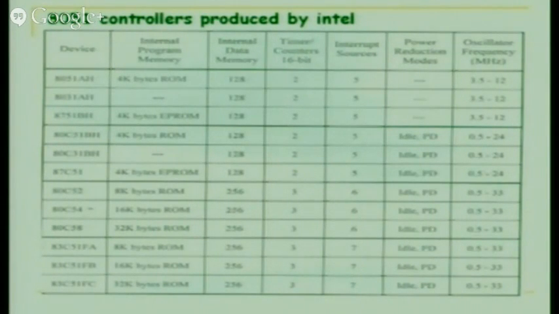So here is the complete table. While you initially work out your actual requirement, the next step is buying the right processor, the right controller for your application, because that is the brain of your embedded system. How do you do that? Most manufacturers have selection tables available on their websites.